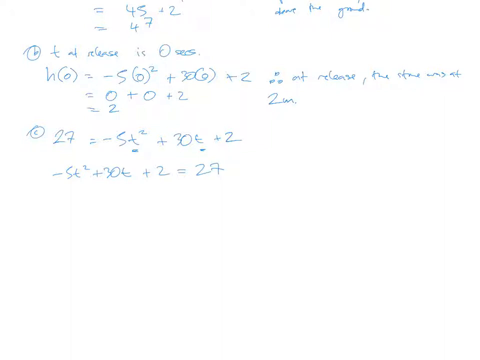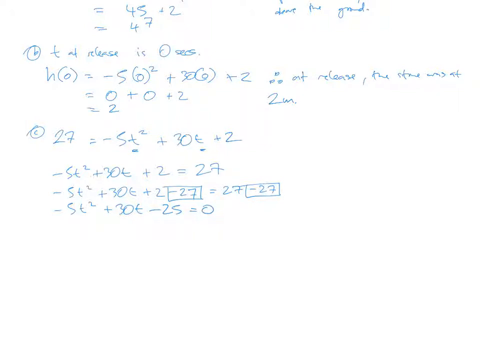The opposite of positive 27 is negative 27, so taking 27 from both sides is going to clear the right hand side for me. So negative 5t squared plus 30t plus 2 take 27, which is negative 25, is equal to 0.